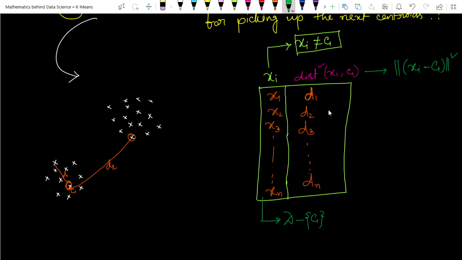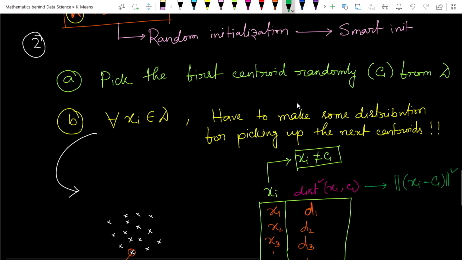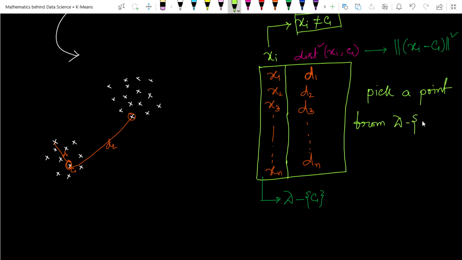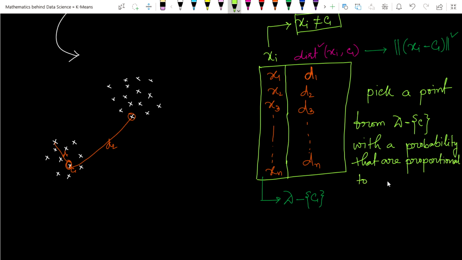Now, the distribution that we make is based on these distances. The distribution will be: pick a point from the data set D minus c1 with a probability proportional to these distances. So for the next centroid, we pick another point, and the probability of picking a point is proportional to these distances.